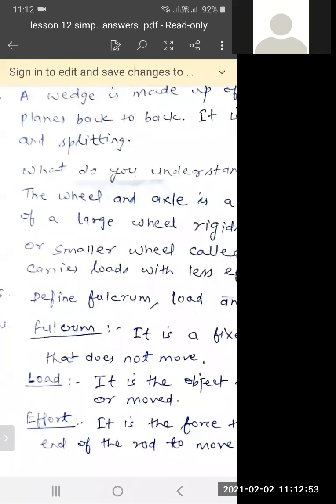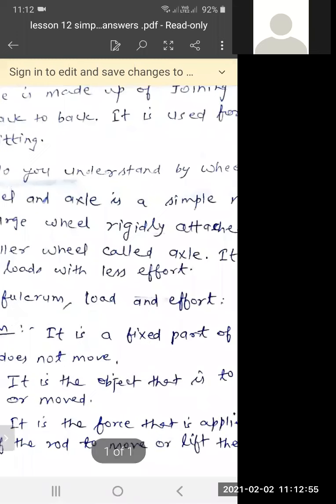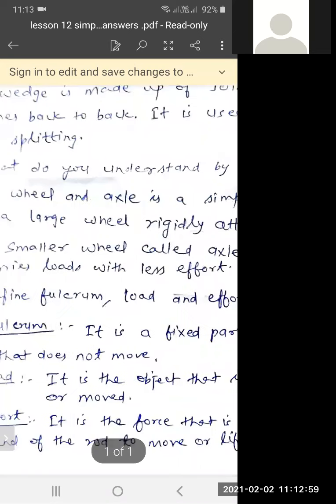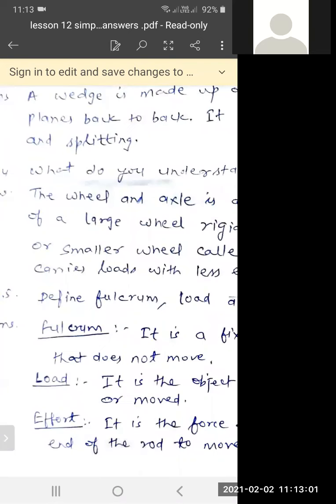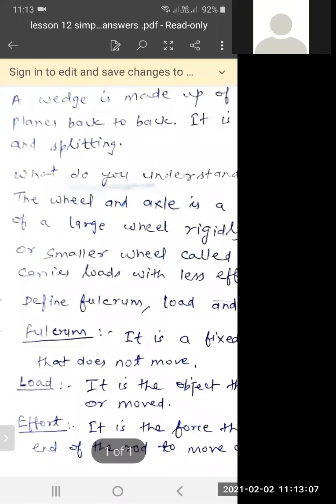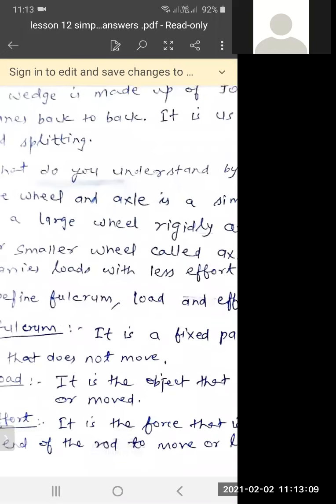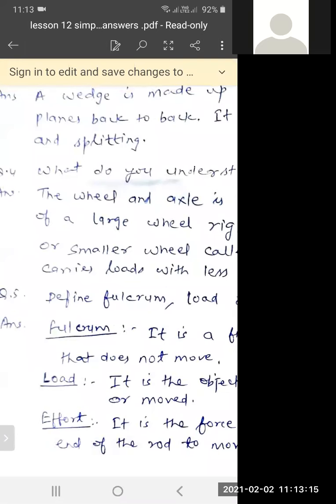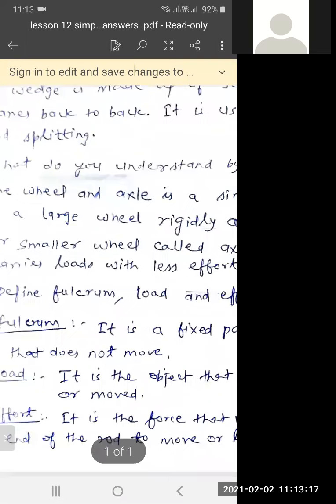It is a fixed part. देखो जो fixed part है, fulcrum है, याद रखने के लिए स्टूडेंट्स, fulcrum की स्पेलिंग F से स्टार्ट है, तो fixed part. याद रखने के लिए बता रहा हूं मैं आपको टिप्स.